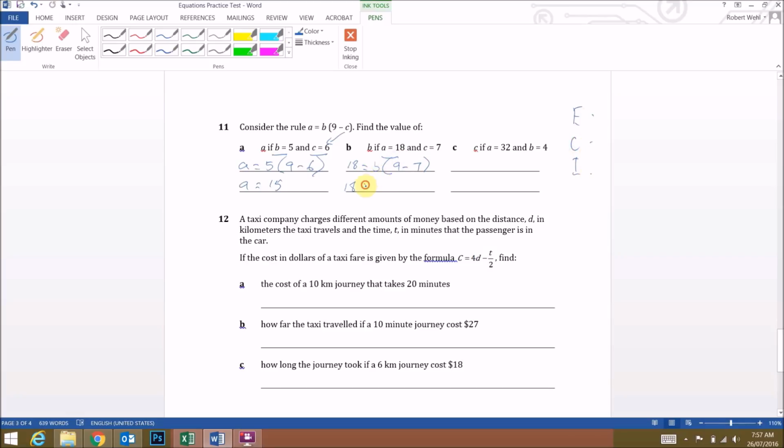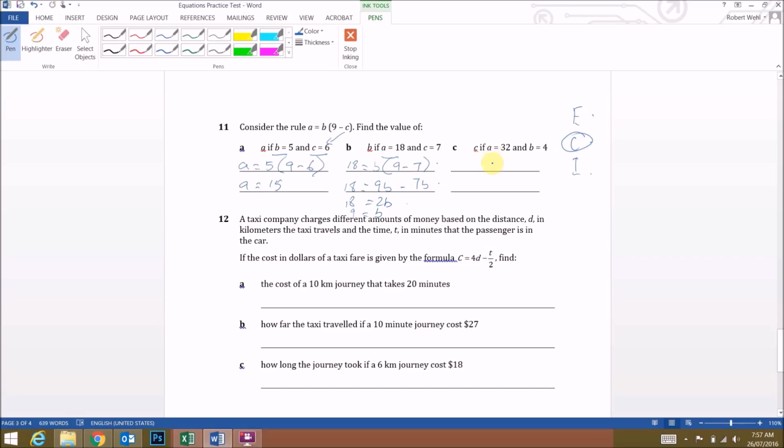So B times 9 equals 9B. Take away B times 7 equals 7B. So 18 equals 2B. Now I can, because I collected, so I expanded, collected, and now I'm going to isolate. So I divide both sides by 2, and I end up with B equaling 9.